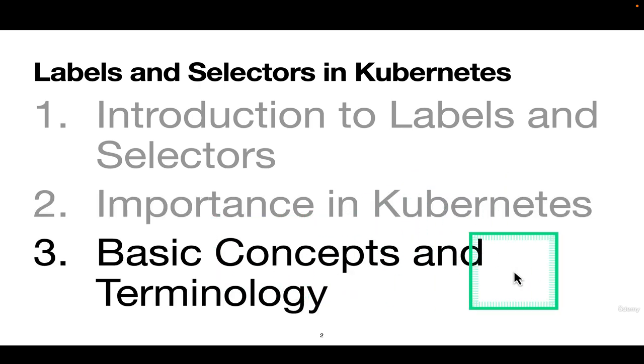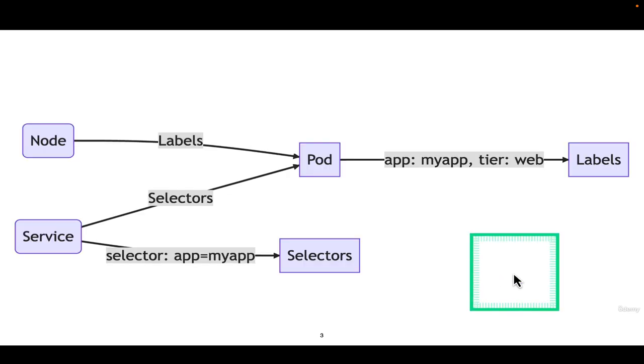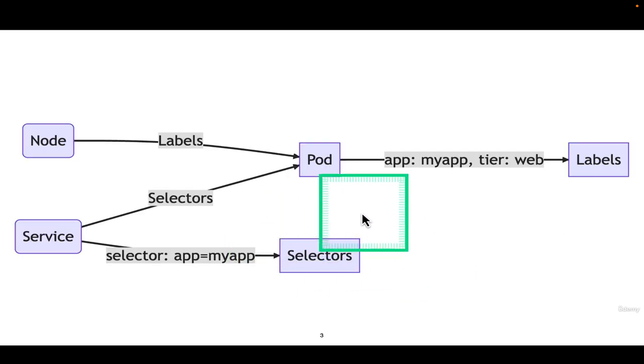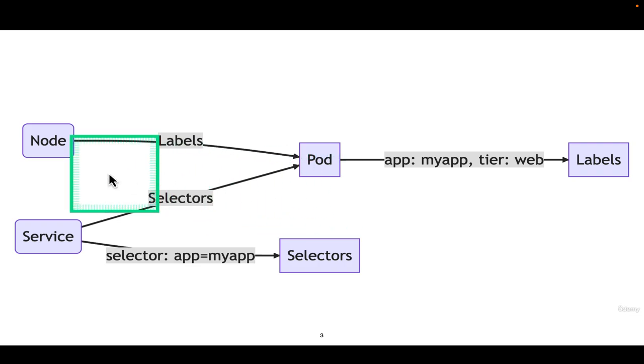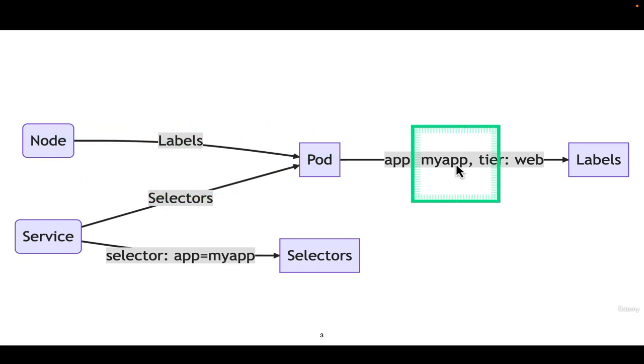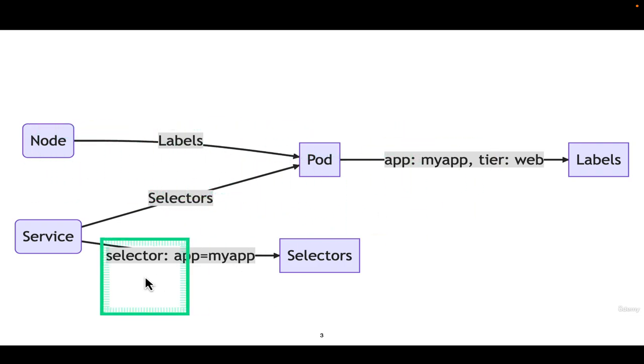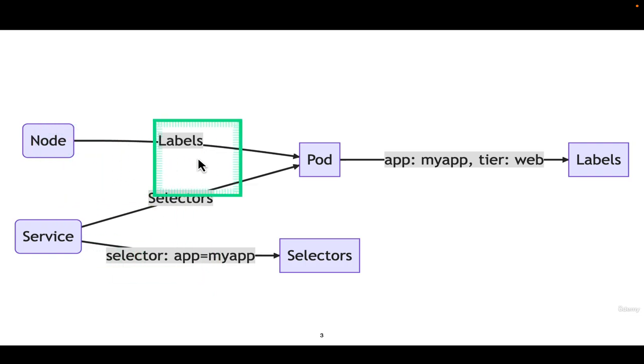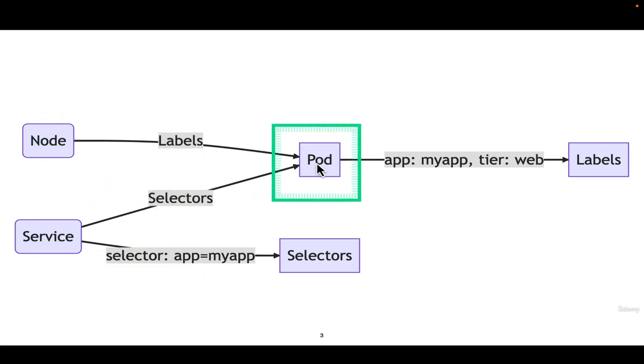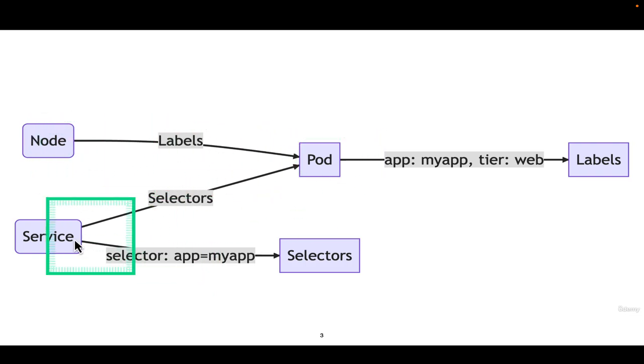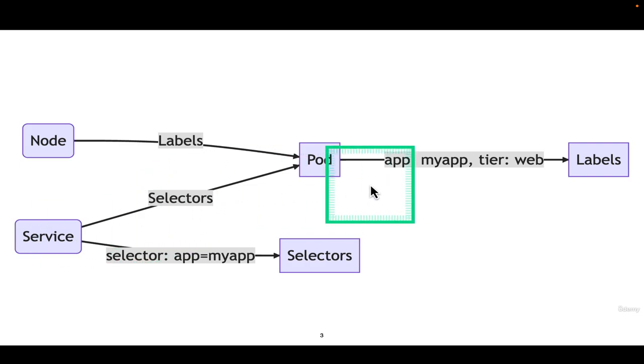And basic concepts and terminology. So in this presentation we will cover the basic concepts and terminology associated with labels and selectors. This is how it looks at a very high level. Any object can have labels and objects can have selectors. For example, a node can have labels, a pod can have labels, a service can have labels, and a deployment can have labels.